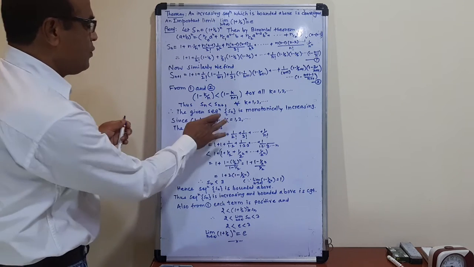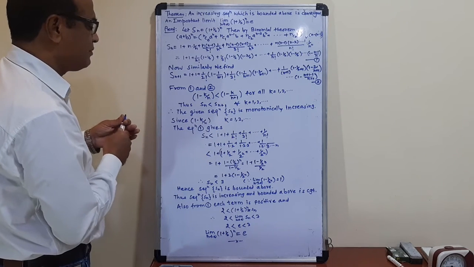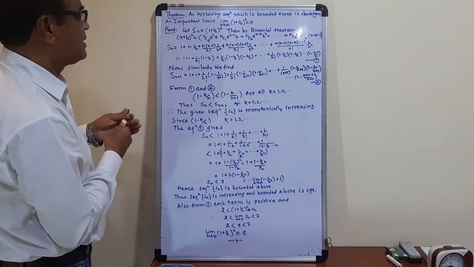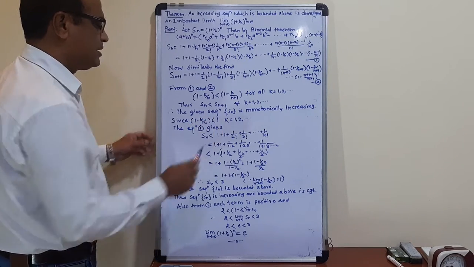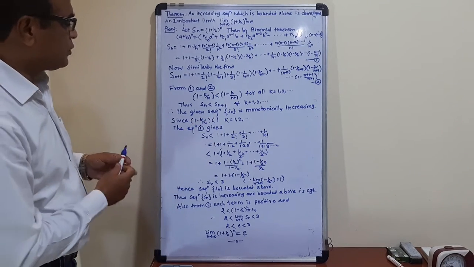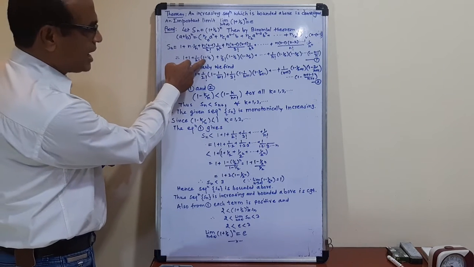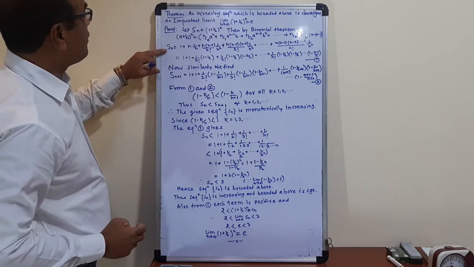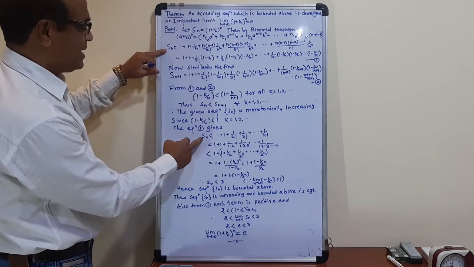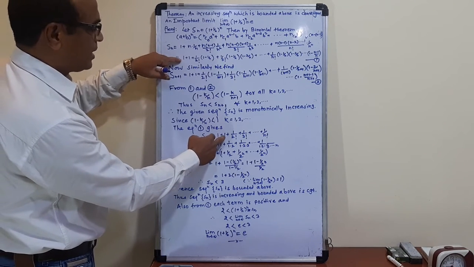So this is always less than 1. Therefore Sn is less than 1 plus 1.